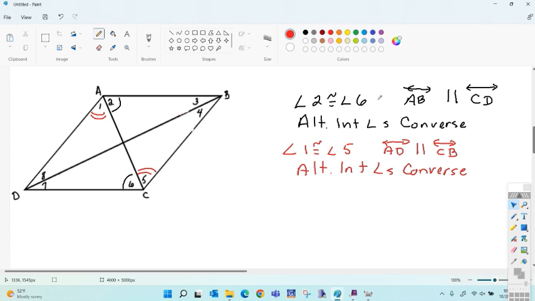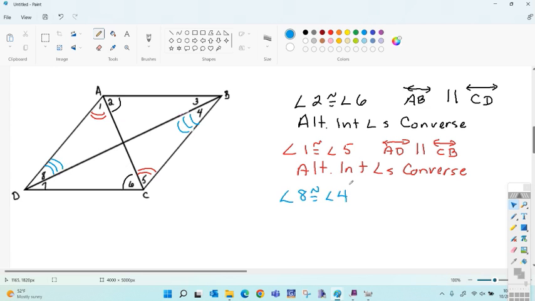Okay, Lizzie, what's the next one we're asked about? Now all these reasons are actually going to be alternate interior angles. So 8 and 4. Shane, what do you think?